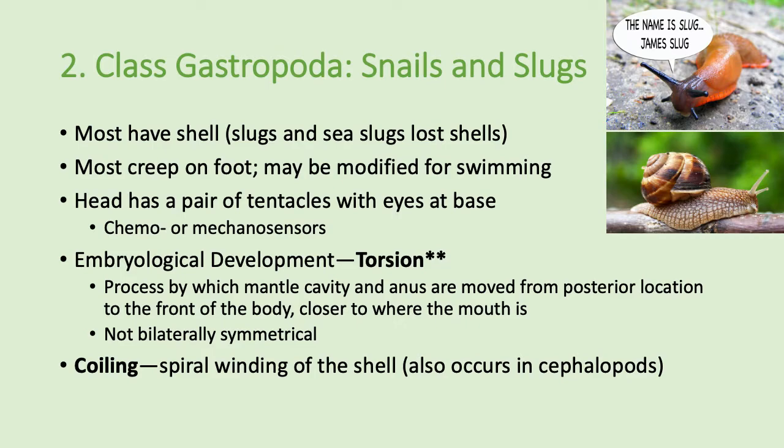Don't confuse torsion with coiling. Coiling is just looking at the spiralness of a shell, the spiral winding of the shell. We do see coiling in cephalopods, so I'll hopefully discuss more about that when we get to the cephalopods.